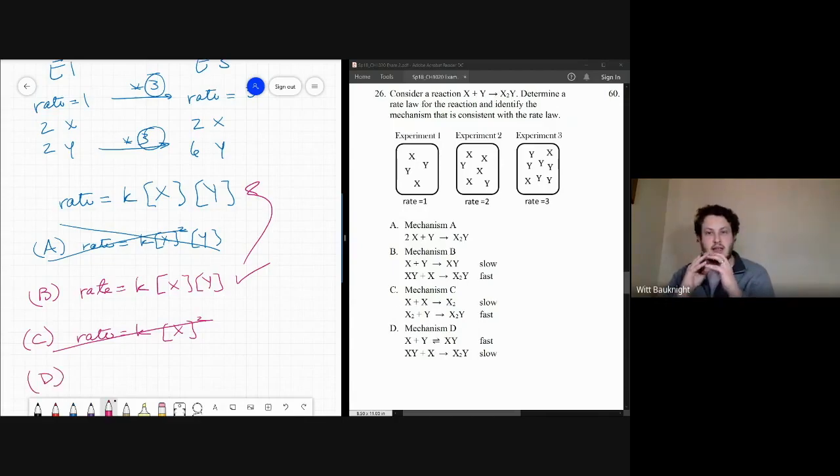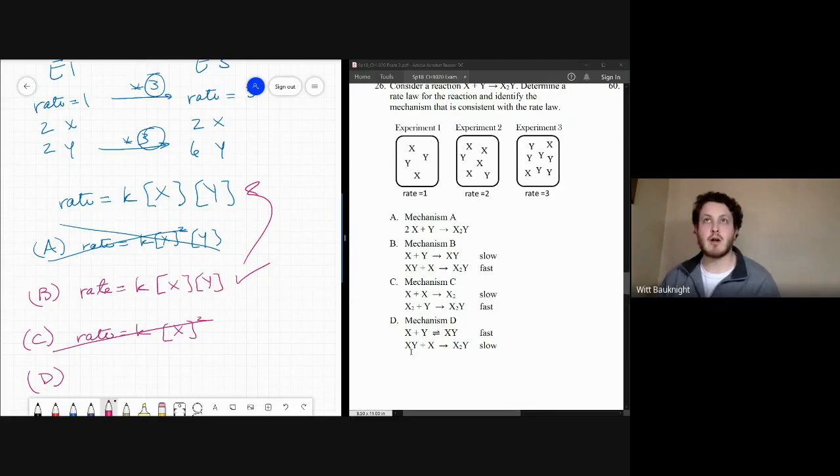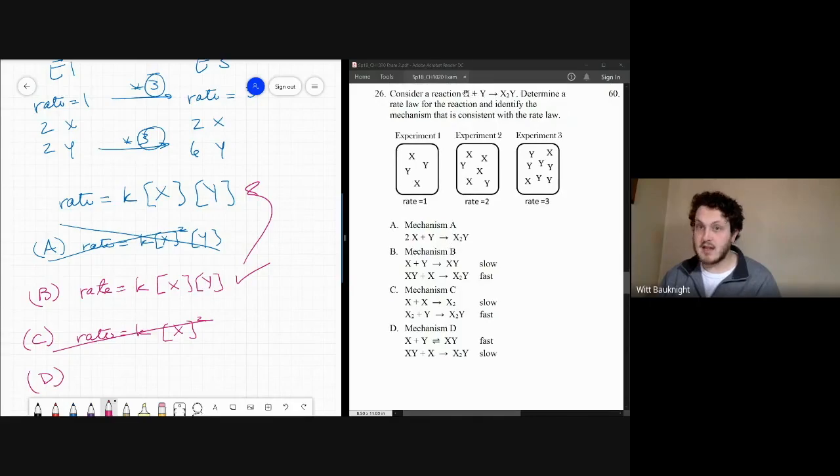We have a rate determining step right here, but there's a problem. We have xy as one of our reactants, and that is an intermediate. I know it's an intermediate because it doesn't happen in the overall reaction. And we can't keep rate laws in terms of intermediates.